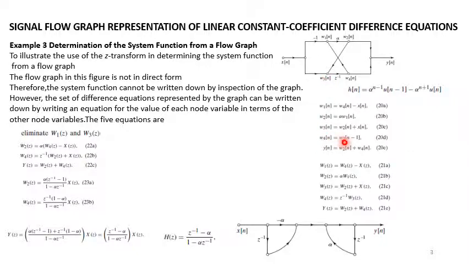So W4[n] equals W3[n-1]. Again, for the output we have two incoming values, that is W2[n] and W4[n]. So y[n] equals W2[n] plus W4[n].